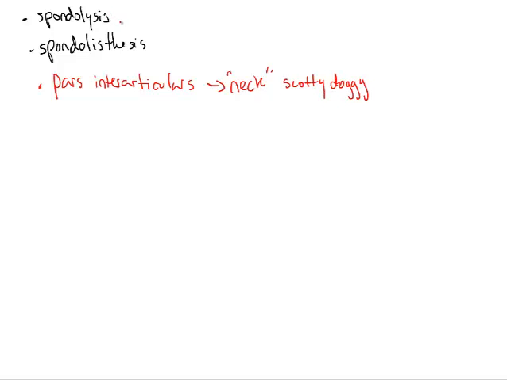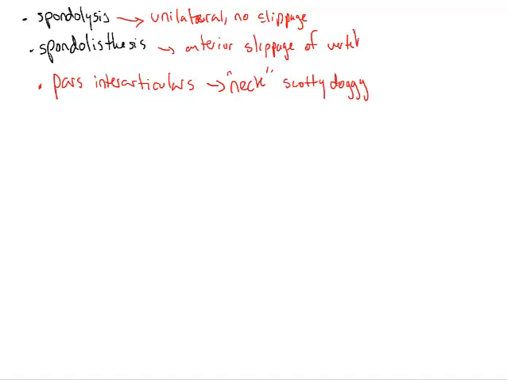So spondylolysis is essentially just a unilateral fracture. You're probably not going to get any slippage, mainly because that's what spondylolisthesis is. It's anterior slippage, probably spelling that wrong, of vertebral body.